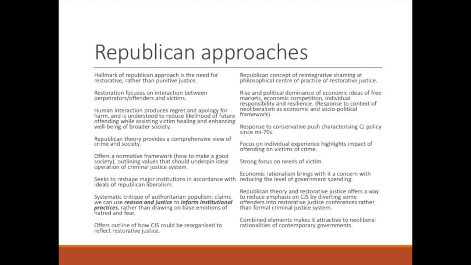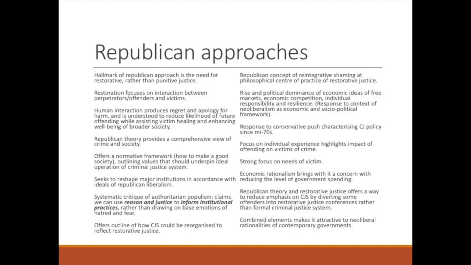Now, Republican theory is a comprehensive view about crime and society, and it offers what we call a normative framework, which is a framework that argues how society should function, and it has certain values that underpin the ideal criminal justice system.